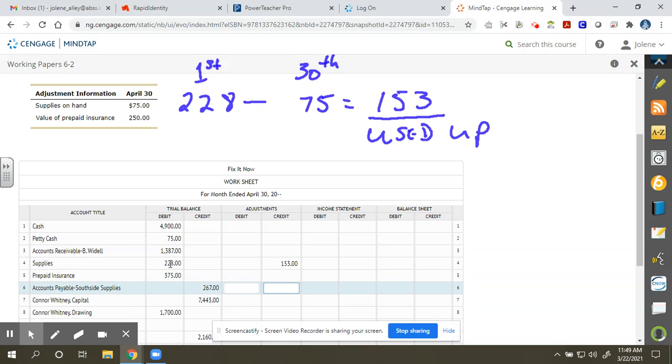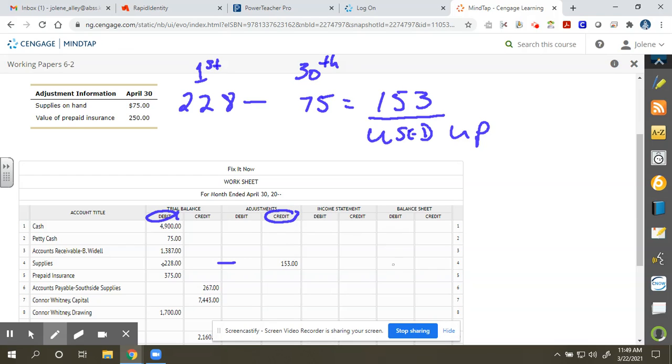Okay, so a debit of 228, and here's a credit. Well, debits and credits don't add. They're like cats and dogs trying to play with each other. They scatter, right? So you have to subtract them.